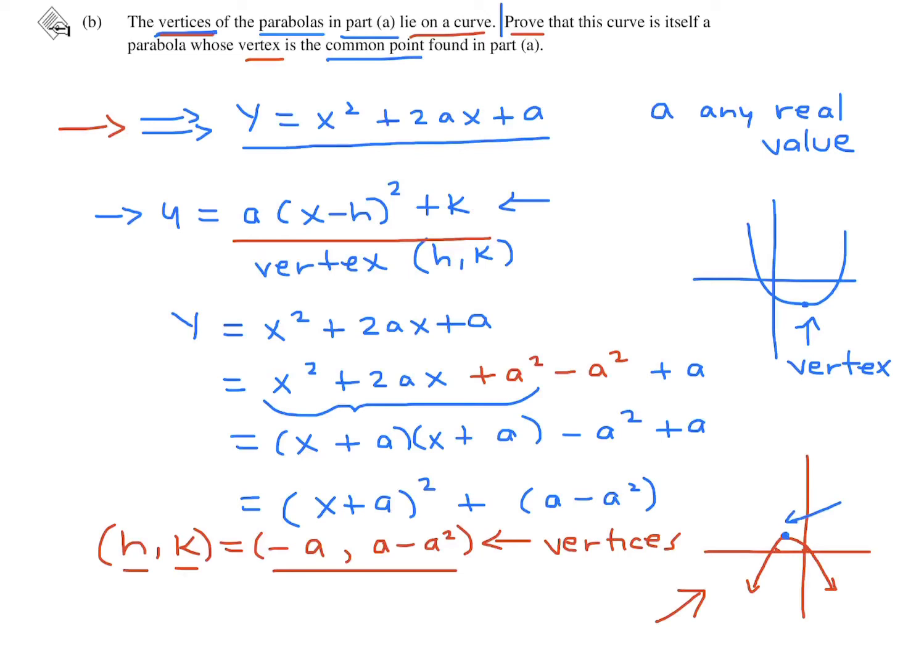And that common point, if you rewind, will reveal that it was -1/2 and 1/4. Right? So they want you to prove that. First, prove that this curve is a parabola, and then prove that its vertex is -1/2, 1/4, which was the common point in the previous question. Okay, so let's do that.